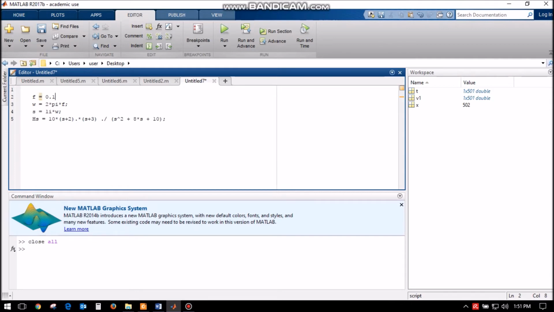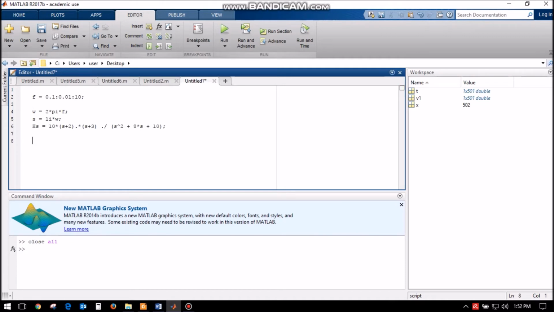It really depends on the circuit what it looks like. Let's say 0.01 up to 10 maybe. Let's just put some value and see how it looks like.